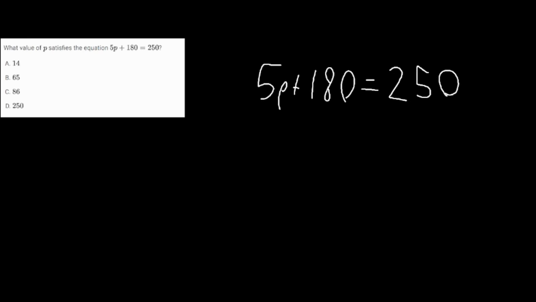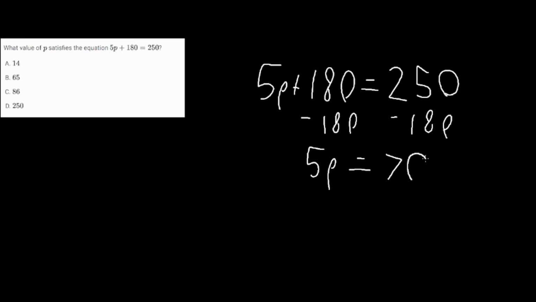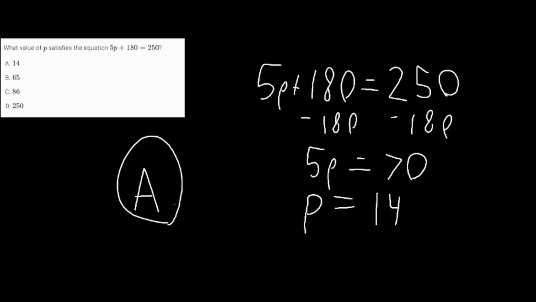What we're going to do here is subtract 180 from both sides, giving us 5p equals 70. Now, in order to isolate p, we will divide by 5, giving us p equals 14, giving us answer A and allowing us to select our answer.